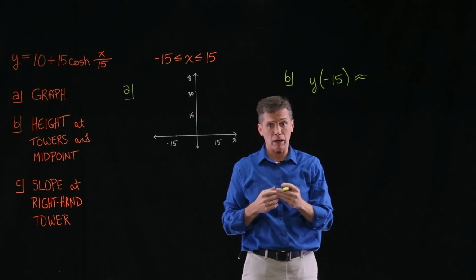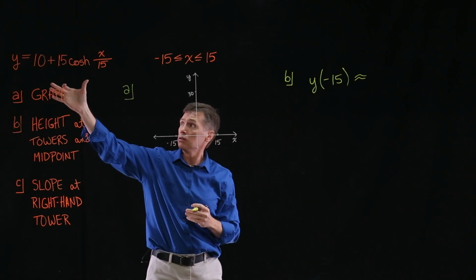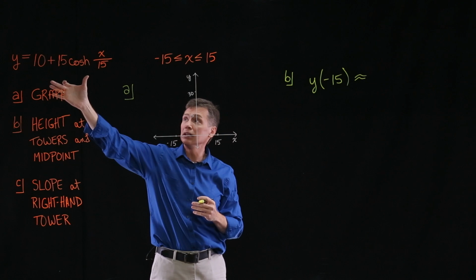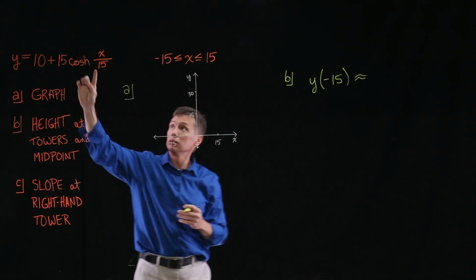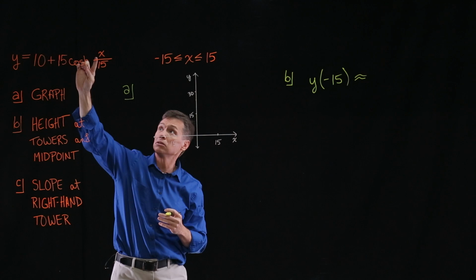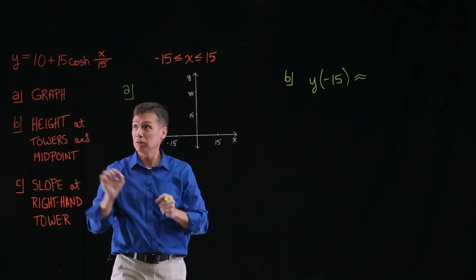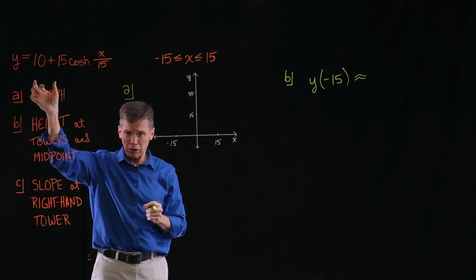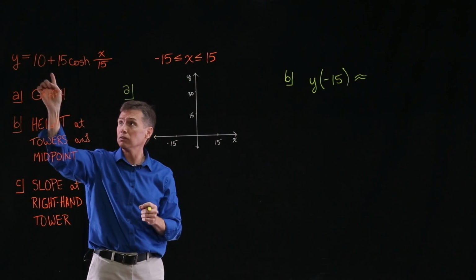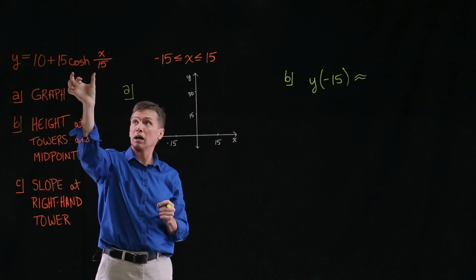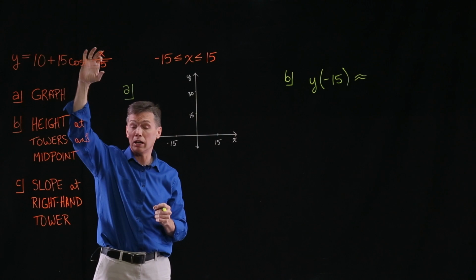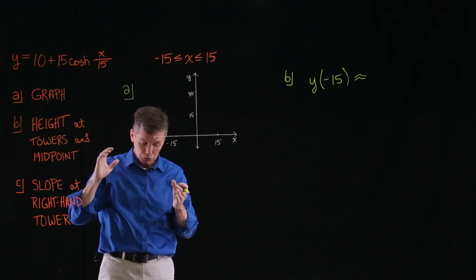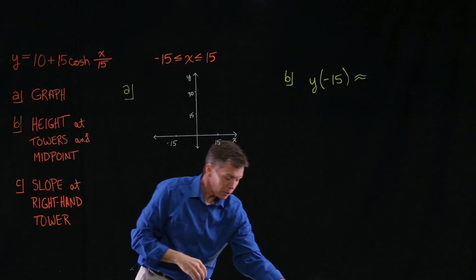That's why I had said to grab your calculator, because you're just going to take this equation and put a -15 in for x. And it only appears one place right there. So a little bit of stuff in your head. Realize all you're going to put in your calculator is 10 plus 15 times the hyperbolic cosine of -1, right? Okay, so grab your calculator.